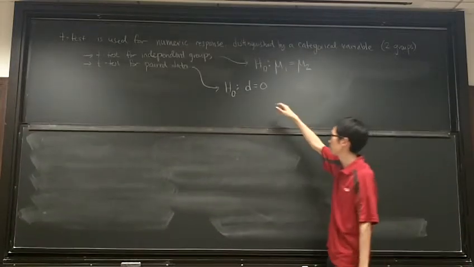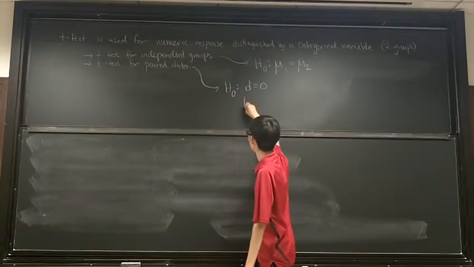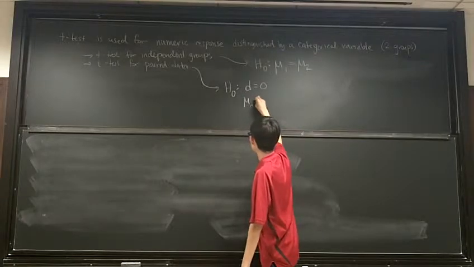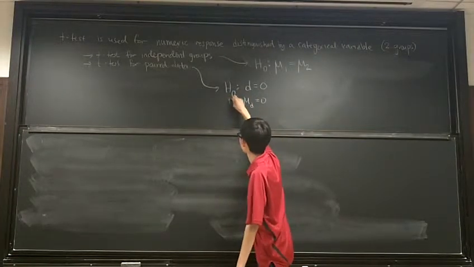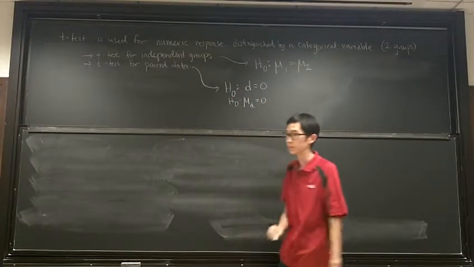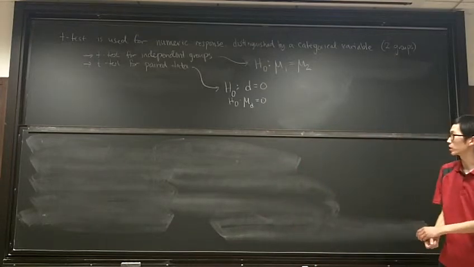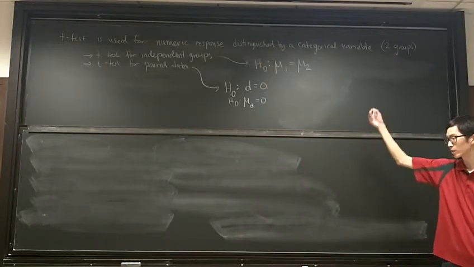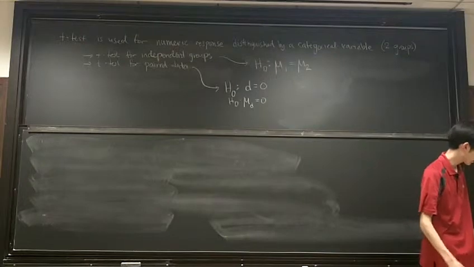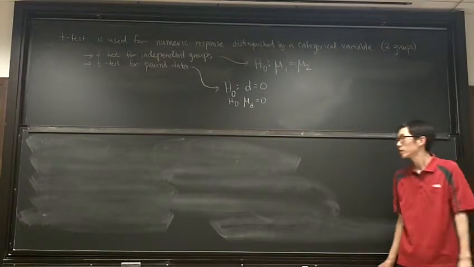Or if not d, also acceptable would be mu sub d is equal to 0. That's also acceptable. The mean difference is equal to 0. Okay, so mu sub d or d, that's fine.